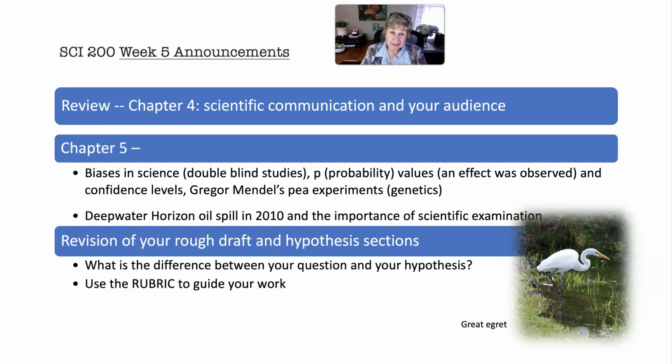Use your rubric to guide your work in order to do this particular assignment. This is a very important one because at the end of this, you will have gathered all of your information. Now, you won't have feedback on all of it. You won't have feedback yet on the hypothesis and the natural scientist section, but you'll have feedback on all the rest of it. So make your improvements as you go along, which leads me to the next slide.